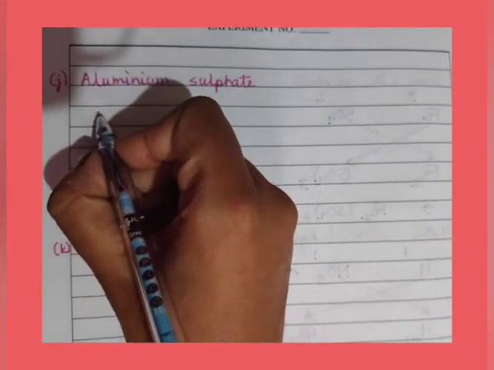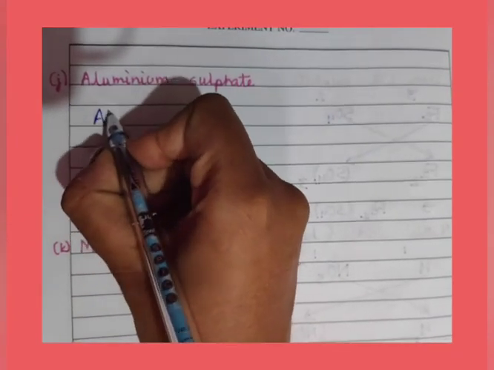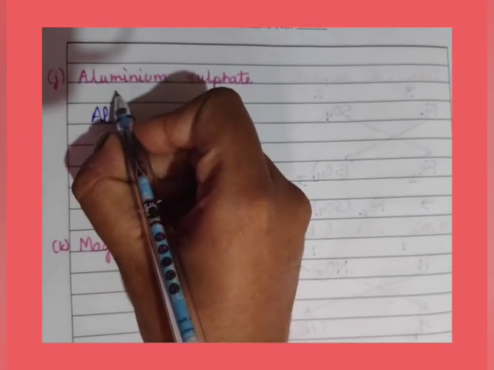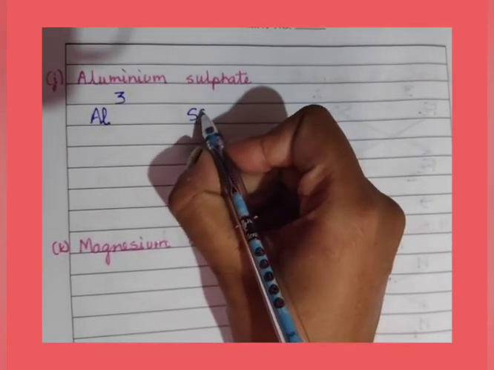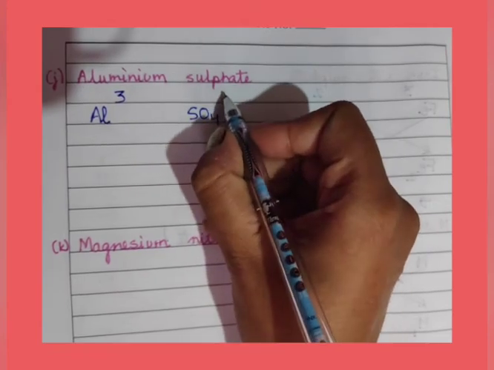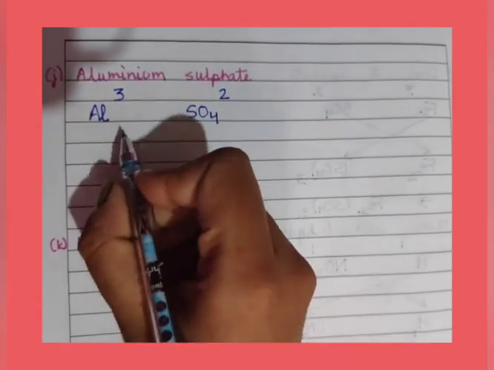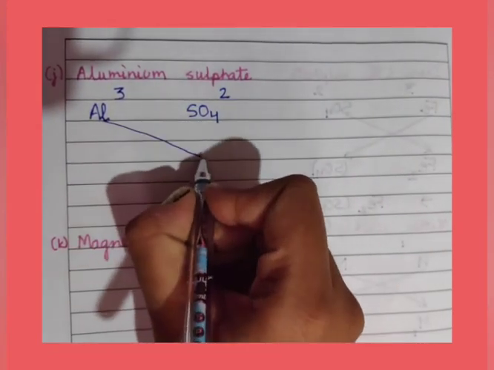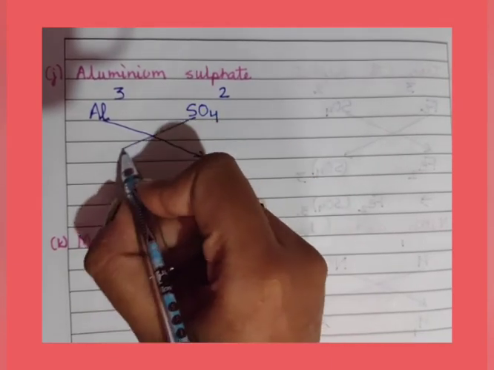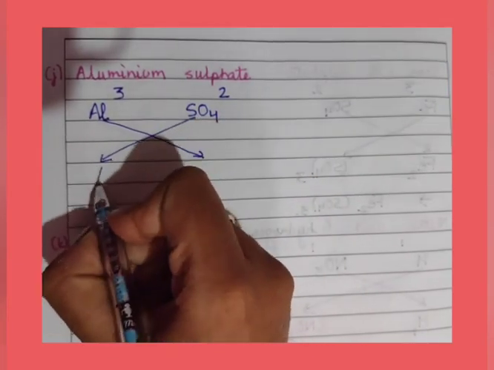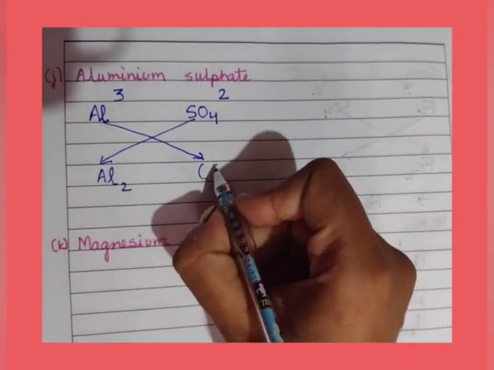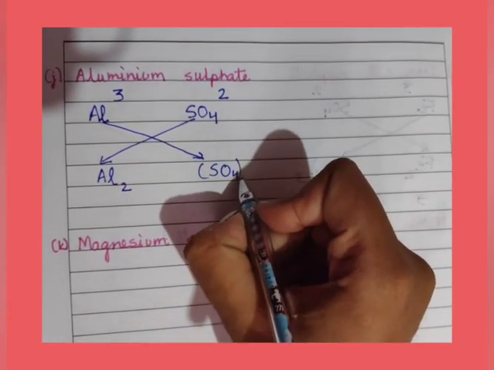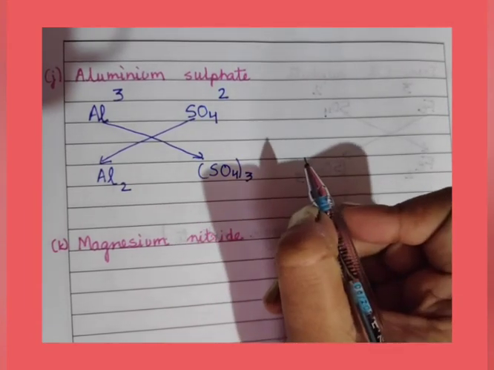Then comes aluminium sulfate. Okay. Aluminium. So what is the symbol of aluminium? Al. And what is the valency? Yes, 3. Sulfate SO4. And what is the valency? 2. Now they are going to interchange the valencies. So what will we get? Al2 and out here (SO4)3.